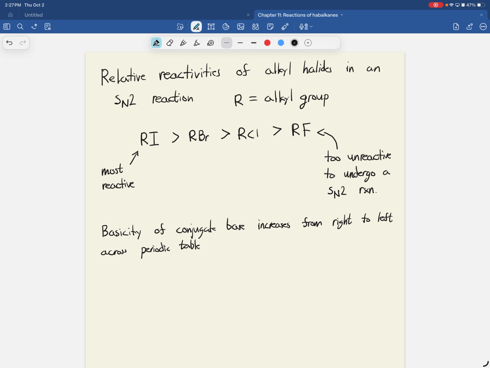Okay. So let's make a trend here. Here's the strongest base. Here is the weakest base.